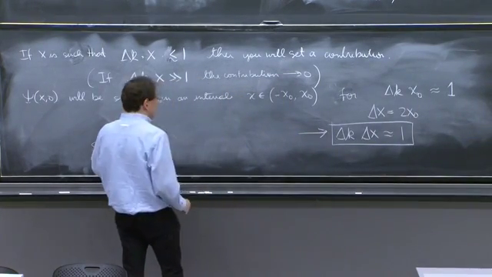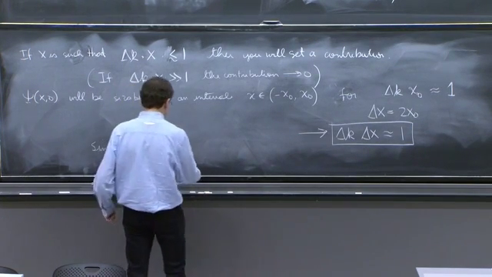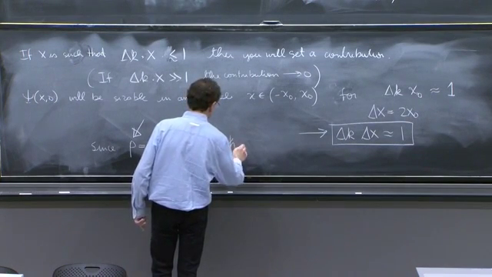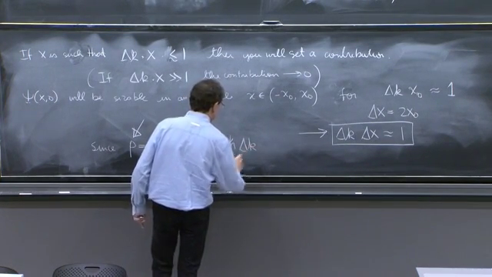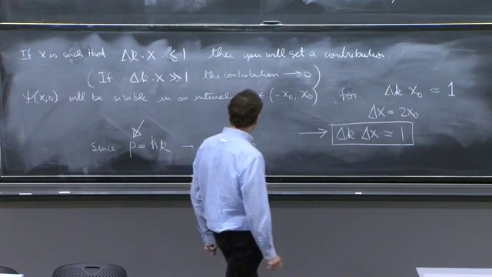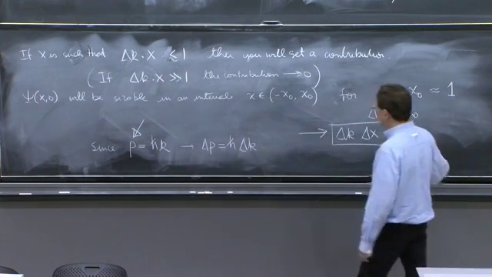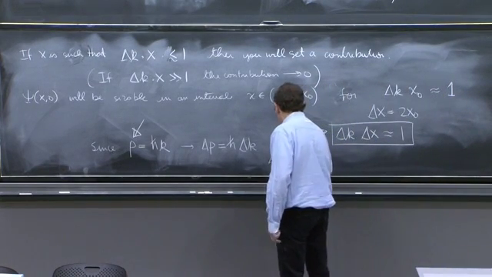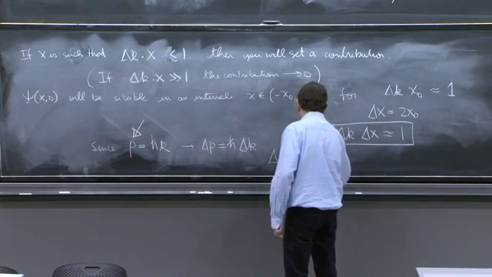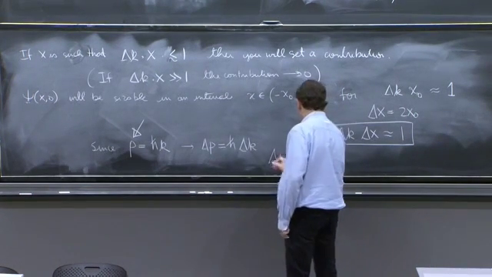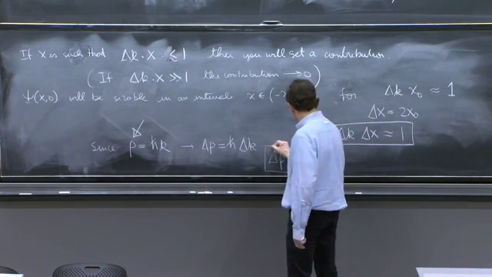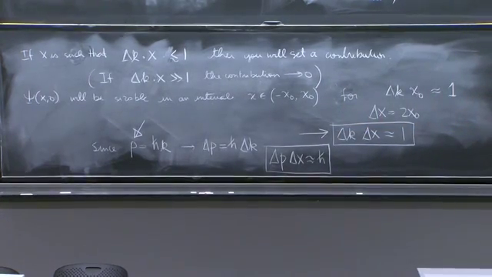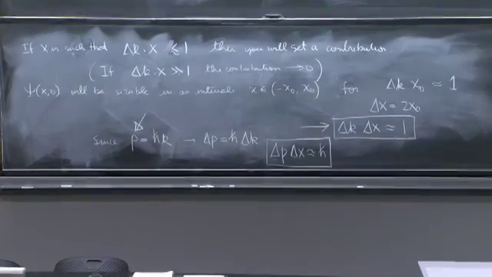You can multiply or take a delta here, and you would say delta P is equal to h bar delta k. So multiplying this equation by an h bar, you would find that delta P delta X is roughly h bar. And that's quantum mechanical.